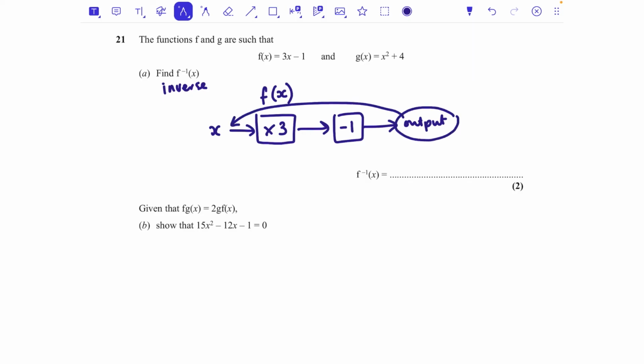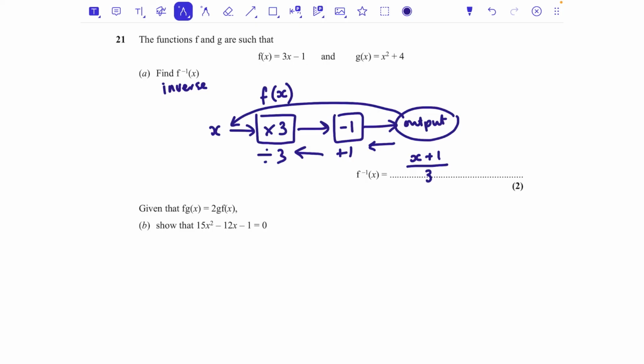And to do that, we would want to add 1, and then we would want to divide by 3. So how am I going to write that? I'm going to write x, add 1, all divided by 3. And that would take any output, reverse all of those steps in reverse order, and get you back to the value that you put in.